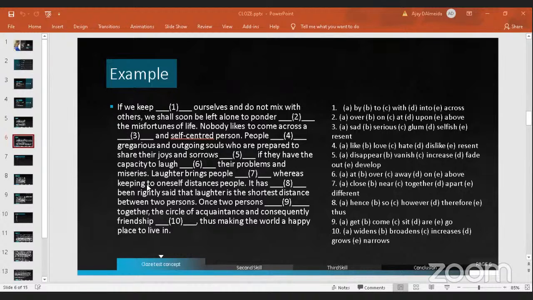Feelings vanish; feelings don't disappear. People disappear. Sound fades out. Fade out is used for sound: his voice faded out. Joys and sorrows vanish, if they have the capacity to laugh, dash their problems and miseries.